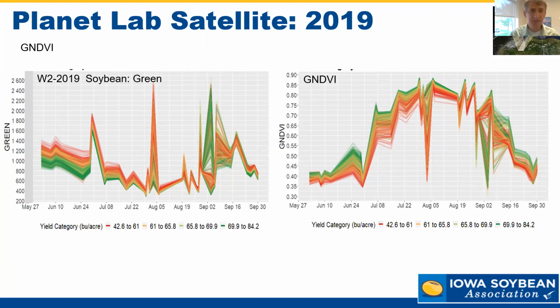Here on the left is the green reflectance, uncalibrated. You notice a very nice separation, very consistent early on, but the problem is that we have these spikes, and we still don't know why. We filtered and cleaned our data, and the same is true for green NDVI, GNDVI.